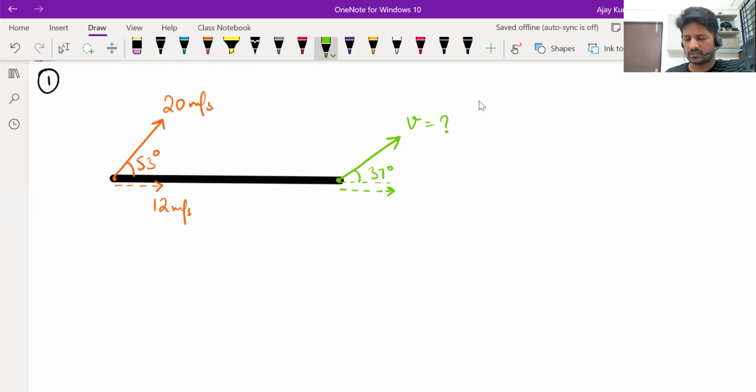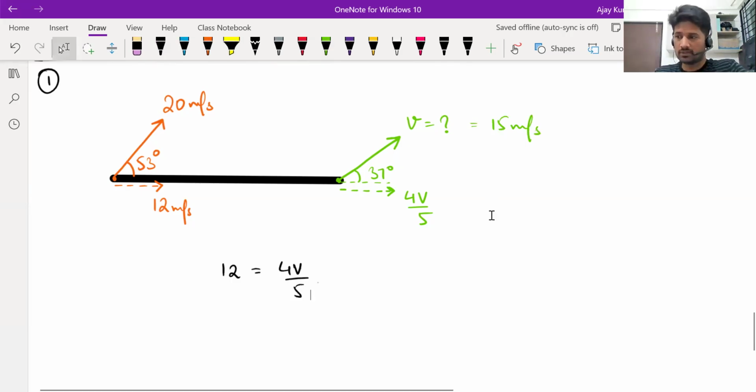In terms of V, Saket, how much is the component along the rod? V cos 37, 4 by 5, that is 4V by 5. That's all. You just equate these two. 60 by 4, 15 meters per second. You just have to write 12 is equal to 4V by 5 and solve for V from there.